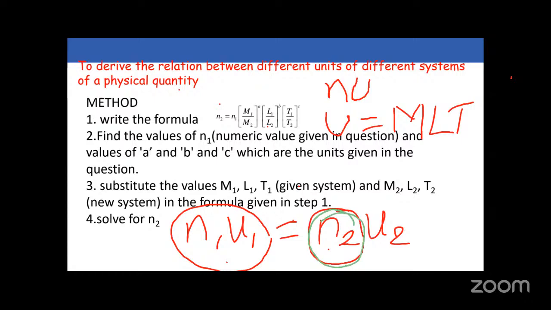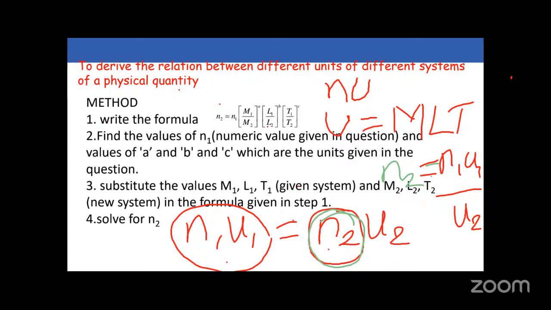So by rearrangement, N2 will be equal to N1 U1 over U2. That is how we can rearrange to find N2.